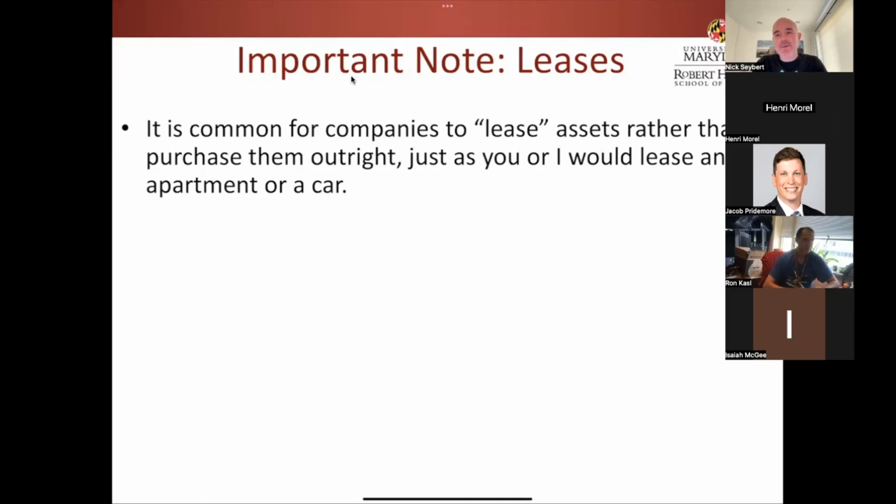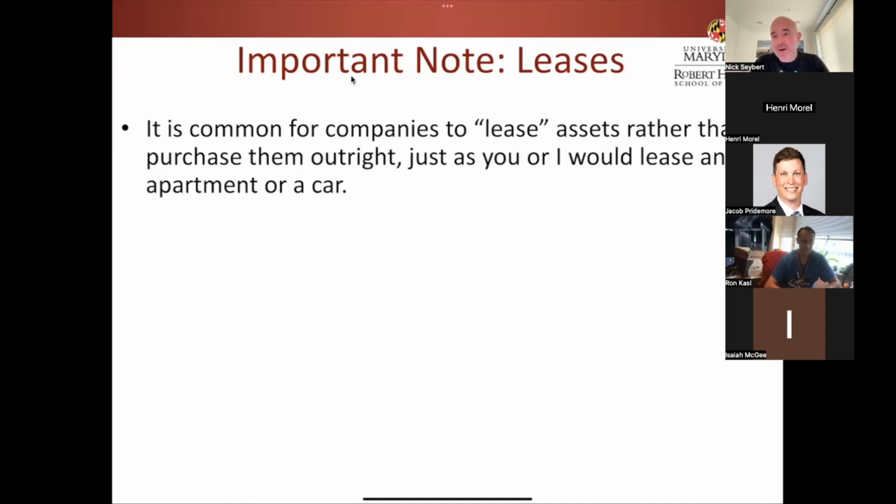It's exactly what it sounds like. When you and I decide whether to buy a car, we can take out a car loan and buy it, or lease the car. Sorry, I've never paid all cash for a car. I never have enough money to do it.